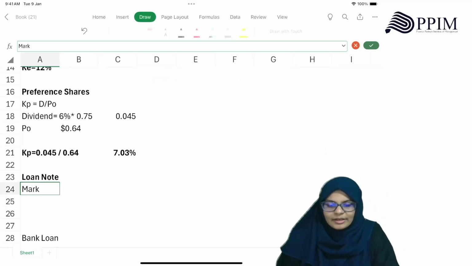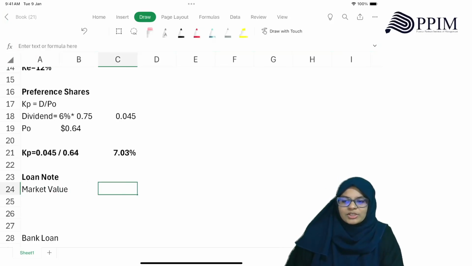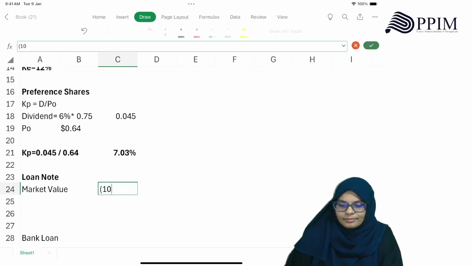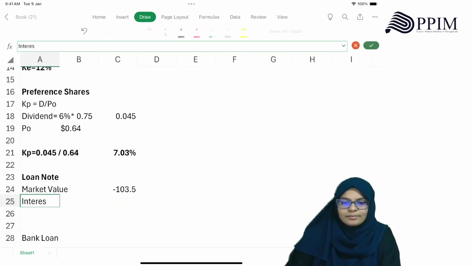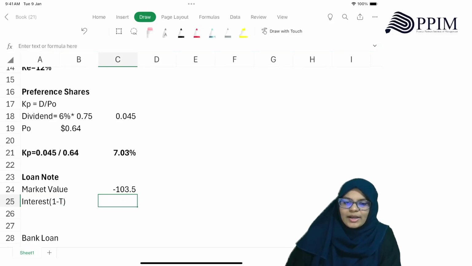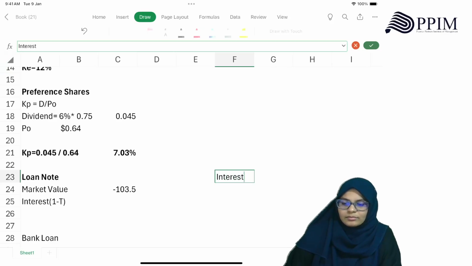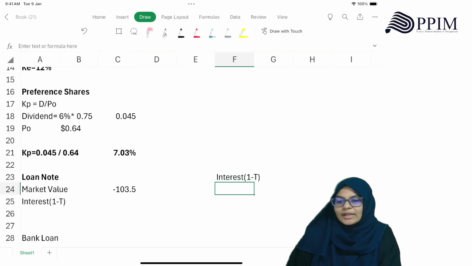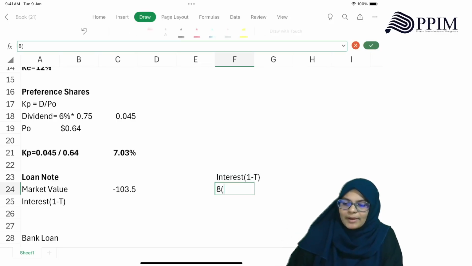So right, let's do that. So we have the market value, which is 103.5. Then you have interest times 1 minus t. Okay, so I'll do the interest component over here. So I know that the interest was 8% of 100. So that will be 8 multiplied by 1 minus the tax rate, which was 20%.